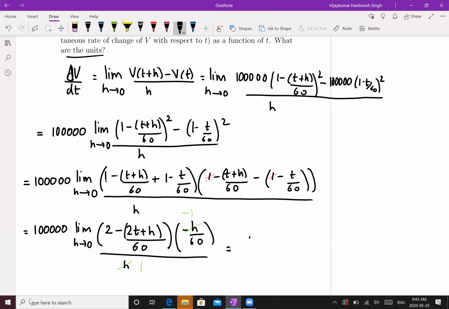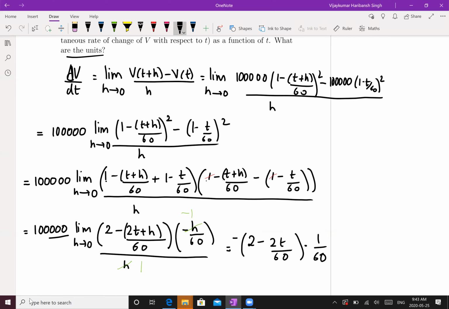You will see that this will become 2 minus 2t by 60, multiplied by minus 1 times 1 over 60. Yeah. So this is what you get.